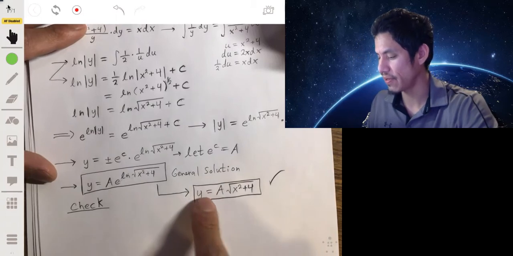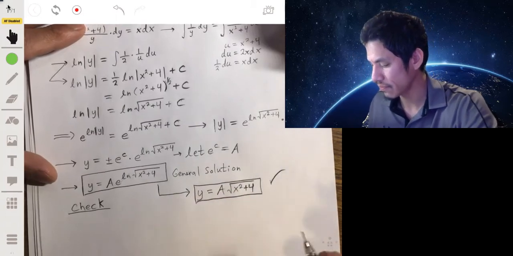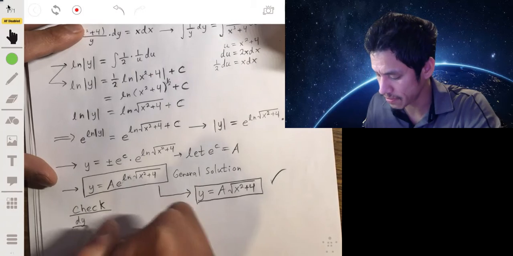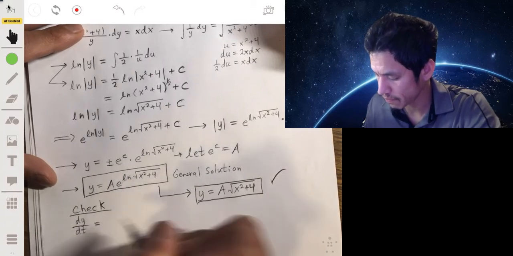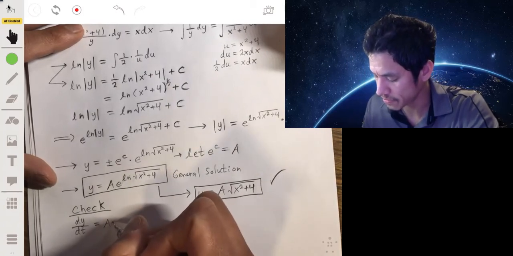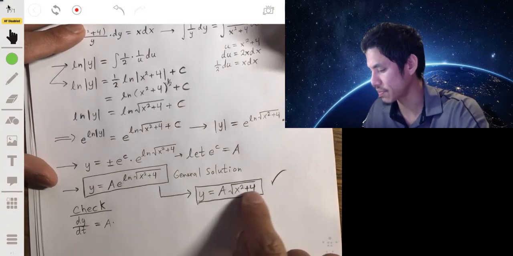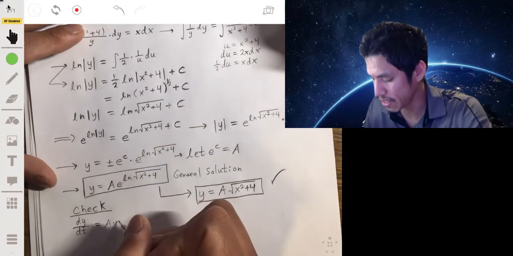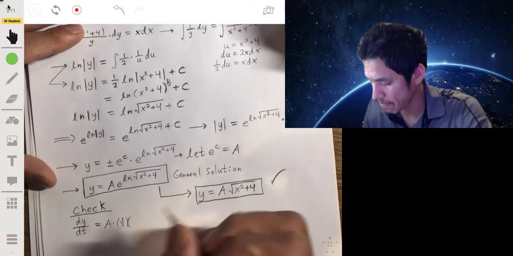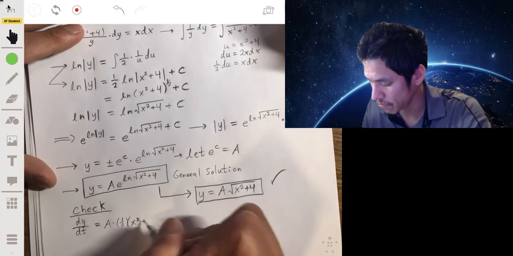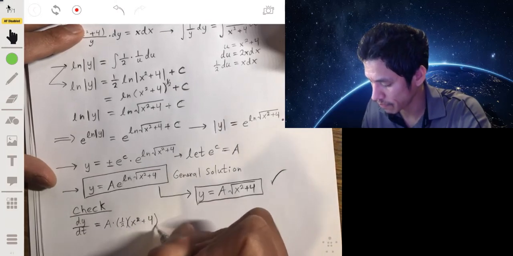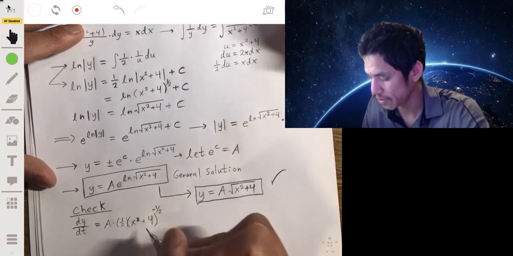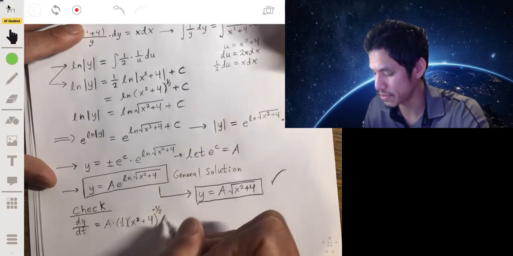So let's take the derivative of this. So we have dy dx. A is just going to be our coefficient. Chain rule, remember that's just x squared plus 4 to the 1/2 power. So we're going to have 1/2 times x squared plus 4 to the negative 1/2 times the derivative of the inside, which will just be 2x.